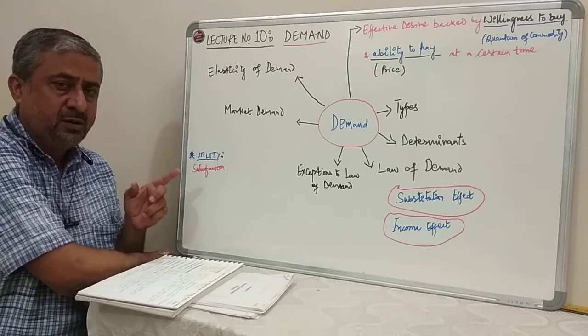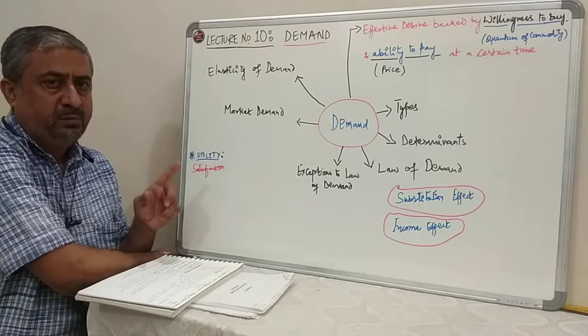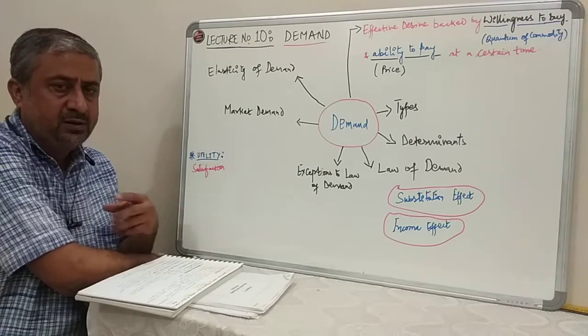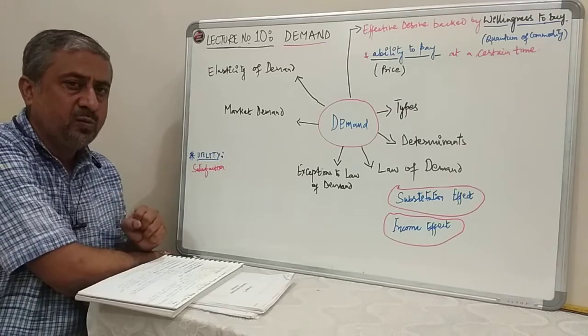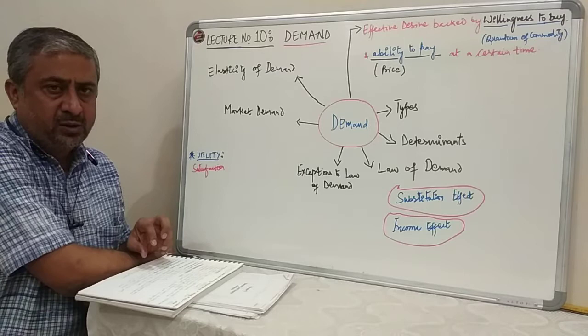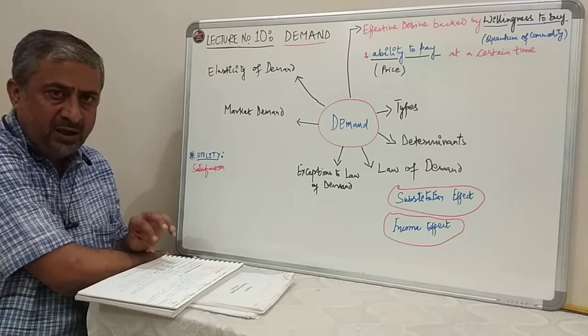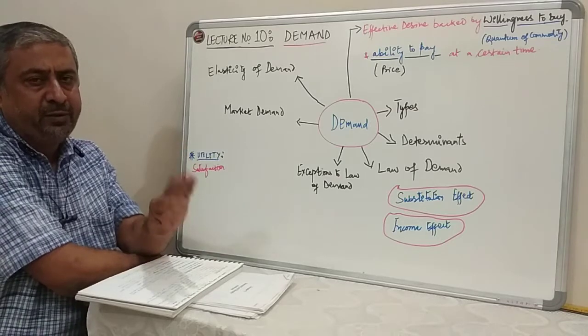Here, the demand is being created by the desire, backed by willingness to buy. There has to be willingness to consume the product or service. So any product or service that has willingness on the part of the consumer is definitely going to have demand.